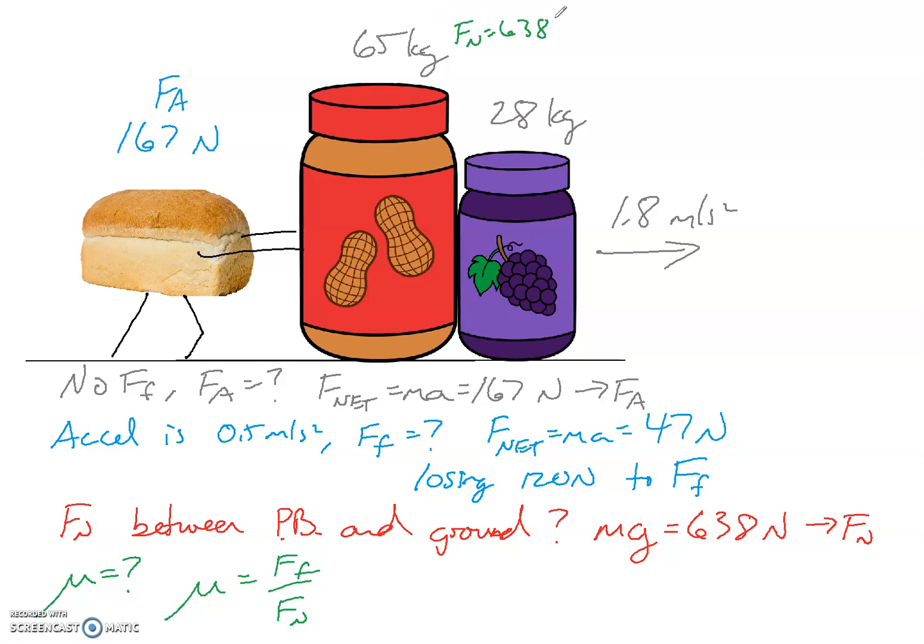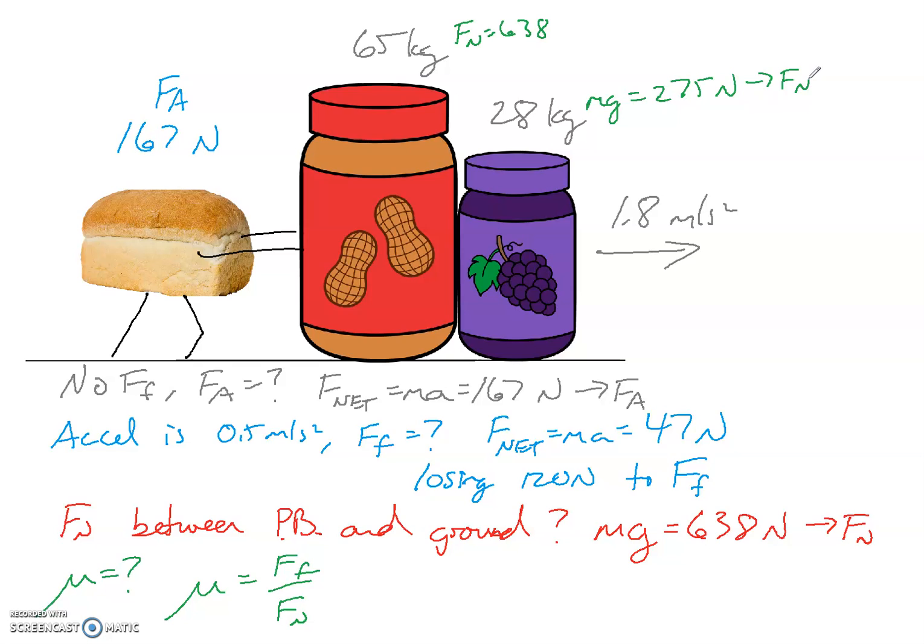Well, the same type of calculation can be done for the jelly. So if we find the weight of the jelly, if we do the mg for the jelly, that is 275 newtons, and that would be the Fn for the jelly. So the weight of the peanut butter is 638 going down, Fn's up 638.